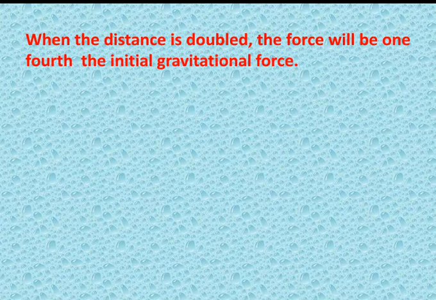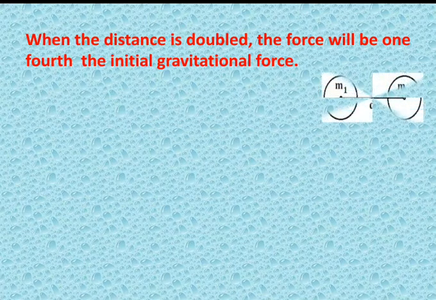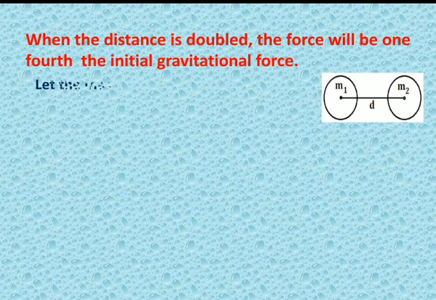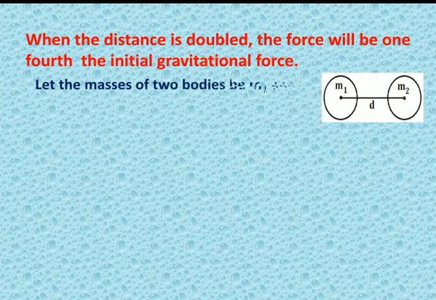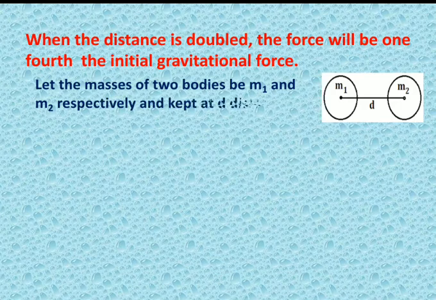When the distance is doubled, the force will be 1/4 the initial gravitational force. Let the masses of two bodies be m1 and m2 respectively and kept at distance d.